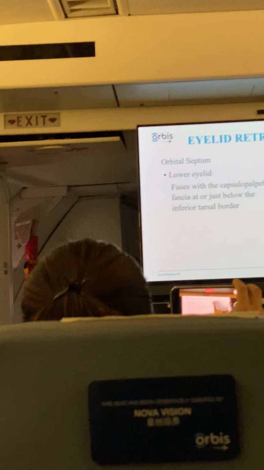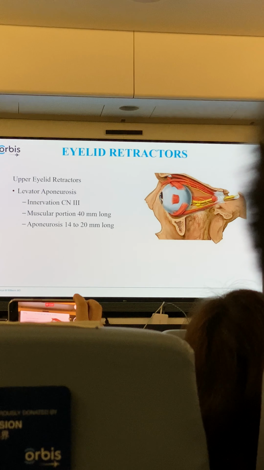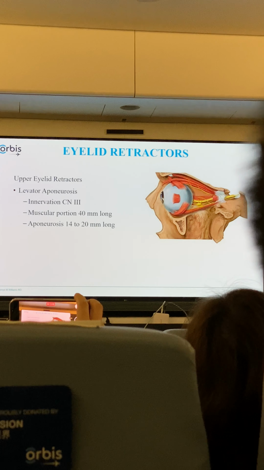Upper eyelid retractors, we talked about our levator aponeurosis, and that is innervated by cranial nerve 3. Originating above the annulus of Zinn, it has a muscular portion and an aponeurotic portion.